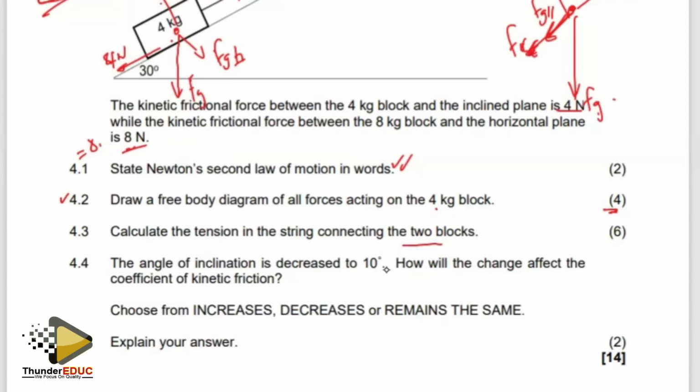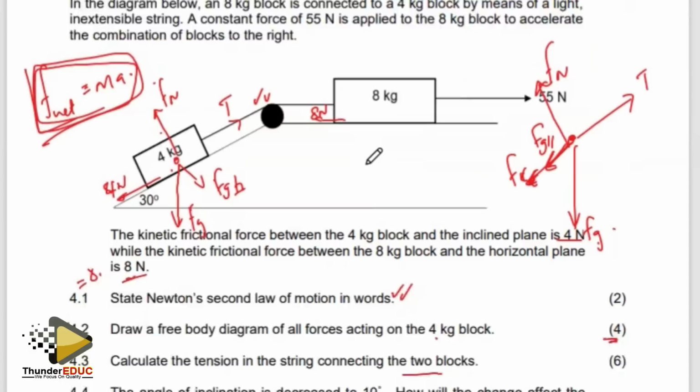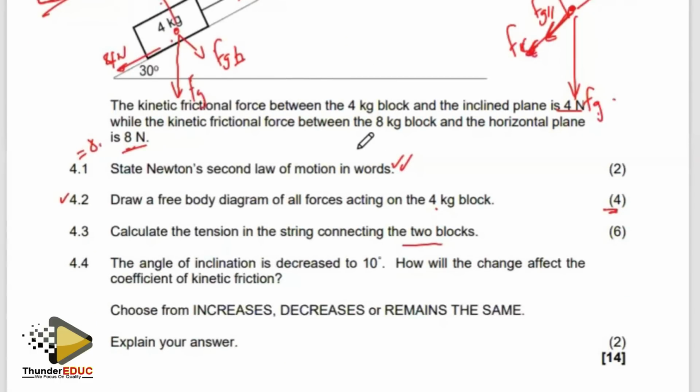Okay, so what we can do, we can look at, do we know the acceleration? Because they said a constant force is applied so that it accelerates. So we don't know the acceleration. So which means we need to get the tension. We also need to get the acceleration of the bodies. So I need to break this down.